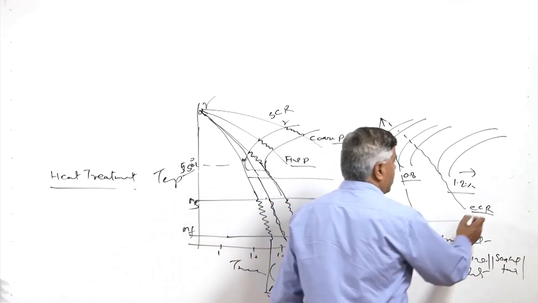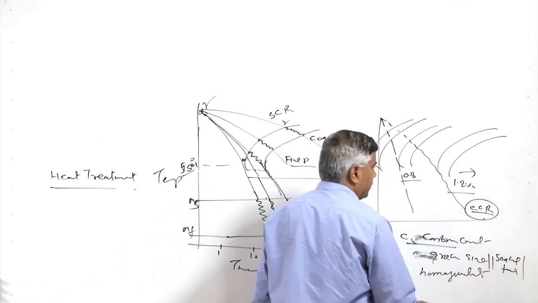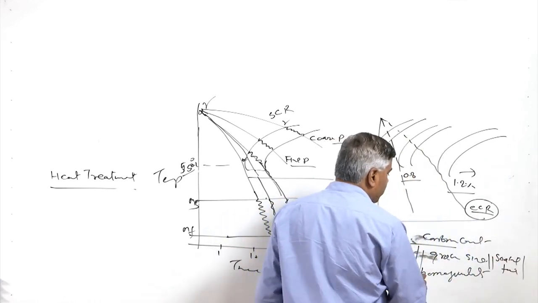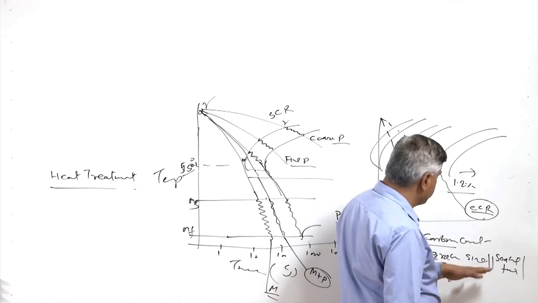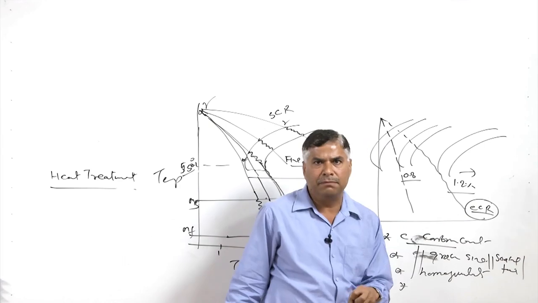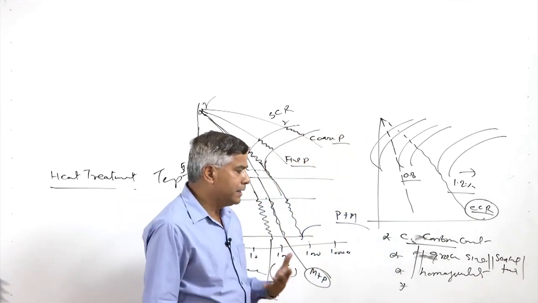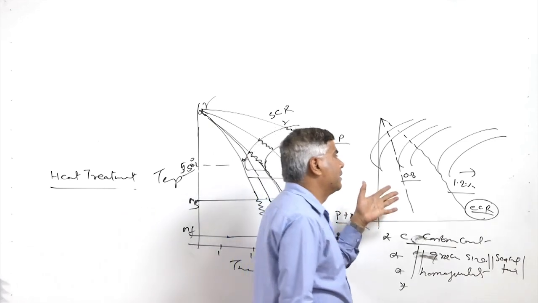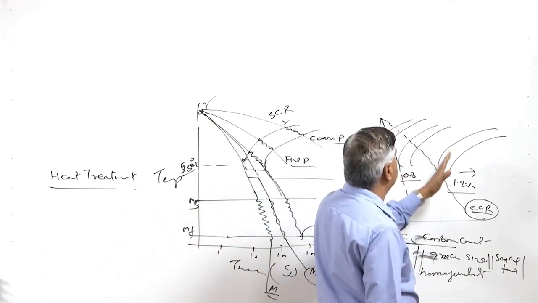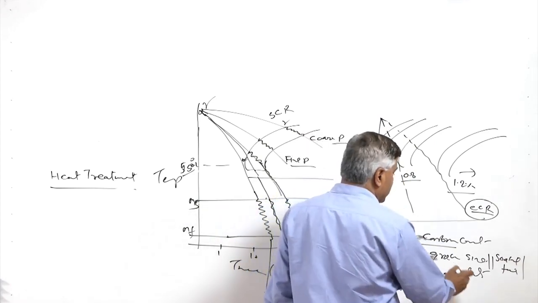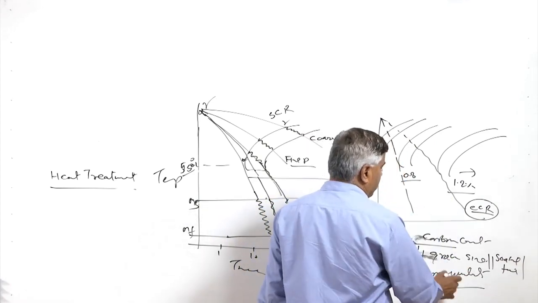So, this critical cooling rate is a function of the composition predominantly, but thereafter if heterogeneous austenite is used, then some of the alloying elements and carbon content may not be in the homogeneous solid solution of the austenite, and in that case they will not be able to have their effect on the nose of the CCT diagram. So, if it is homogeneous, then the effect will be good.